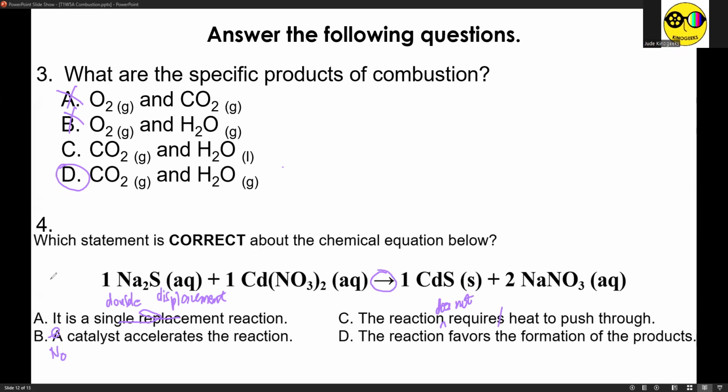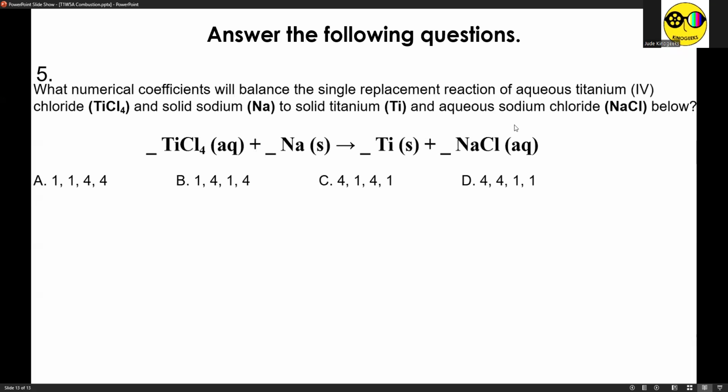Okay, next is number 5. Our final question for the lecture. What numerical coefficients will balance the single replacement reaction of aqueous titanium(IV) chloride, TiCl4, and solid sodium, Na, to solid titanium, Ti, and aqueous sodium chloride, NaCl?